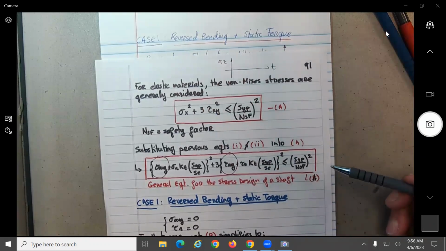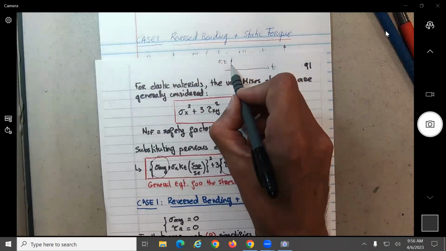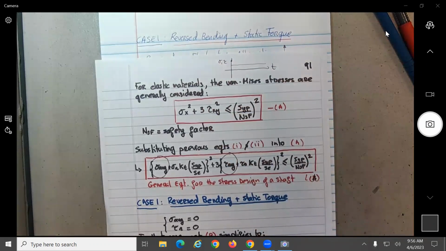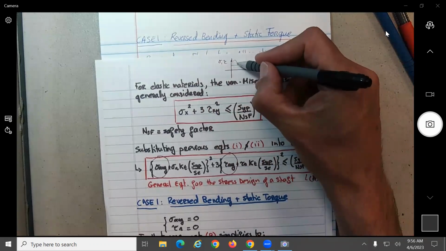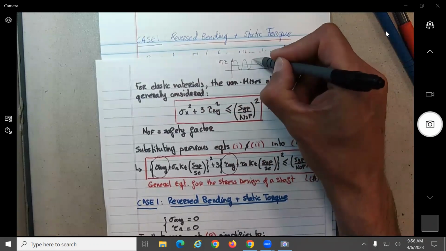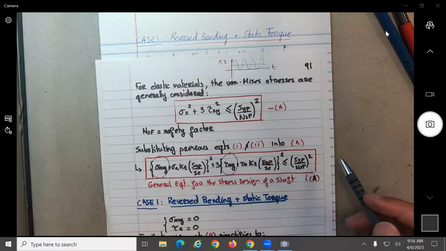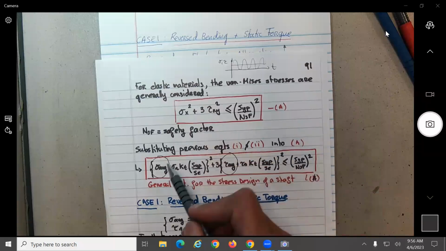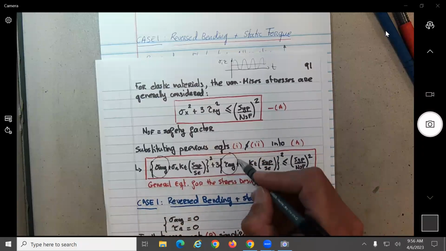Is that correct? But let's say that initially you have a load. In that case, what will happen? The fluctuating, the reverse or the alternating is going to be about a fixed value. Does that make sense? Yes? Okay.